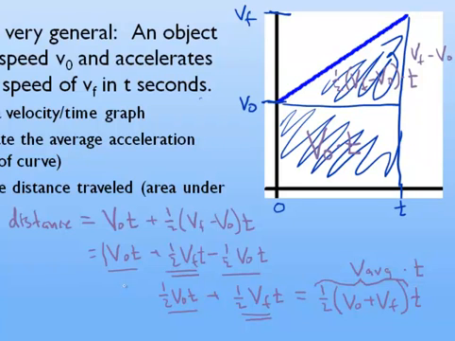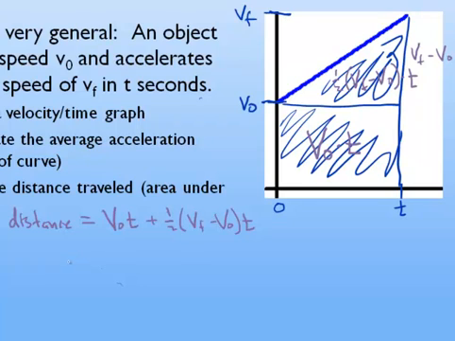Let's go back and we'll make a small little substitution which will give us a completely different looking formula. If we go back to this starting point, I remember when we derived the formula for acceleration, at some point we had Vf minus V naught equaled AT. Let's make a quick substitution then. Instead of Vf minus V naught, let's replace that with AT.